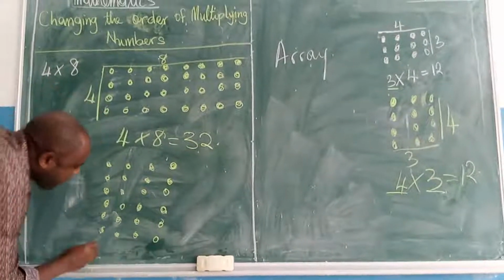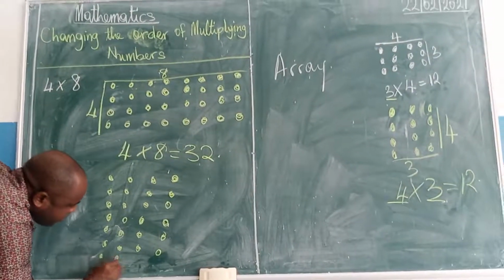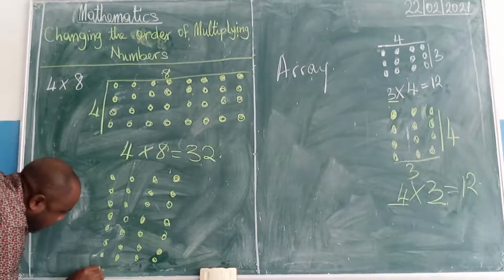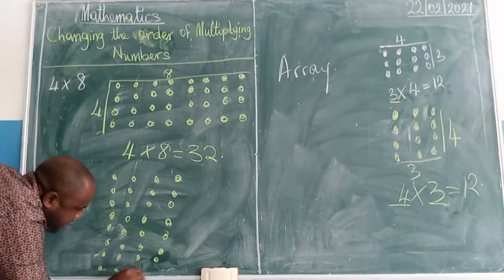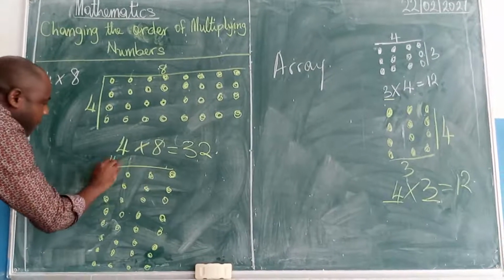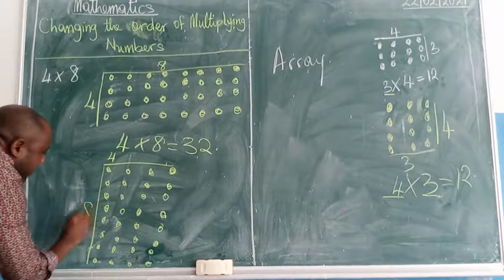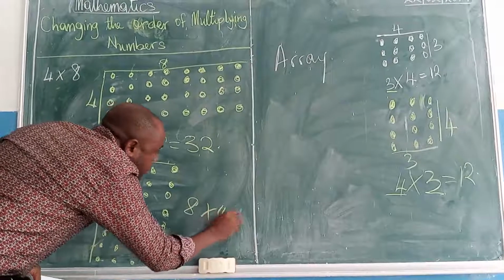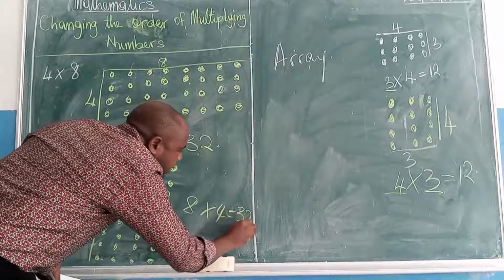We still have 2 more. 1, 2, 3, 4. And 1, 2, 3, 4. So this part we have 4 and this way we have 8. This gives me 8 times 4, which is the same thing as 32.